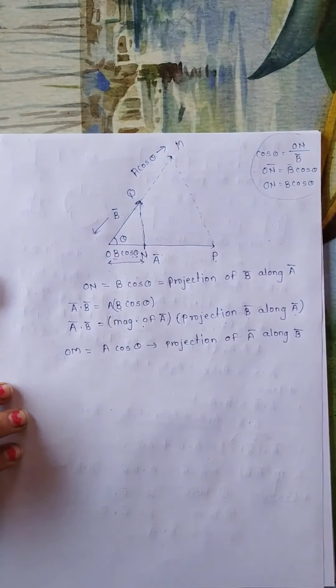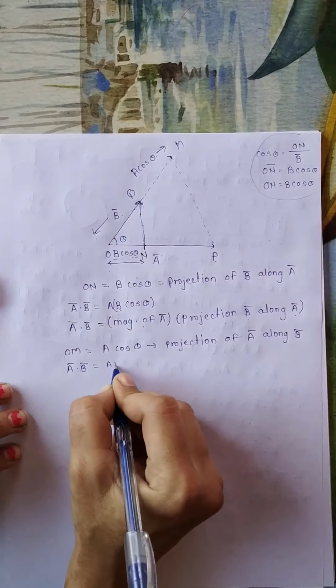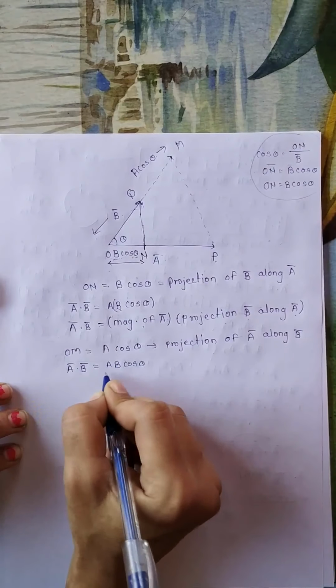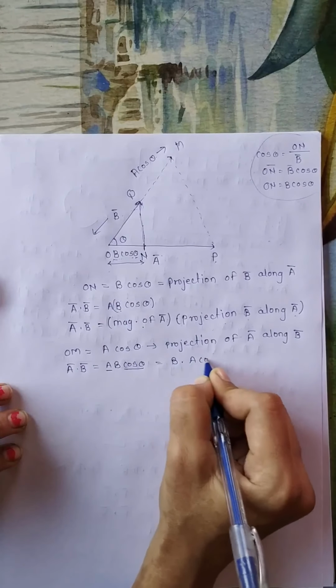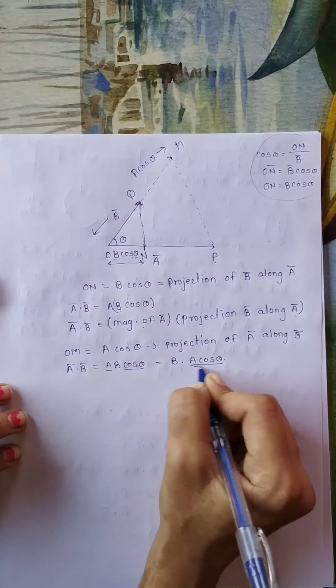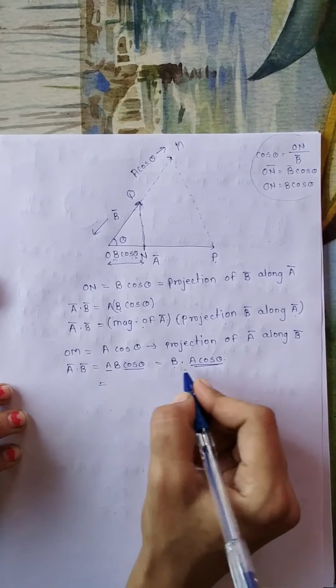And again we will use the definition of the dot product as AB cos theta, and instead of A cos theta I can write B into A cos theta. So A cos theta is the projection of A bar along B bar, and B is the magnitude of B bar.